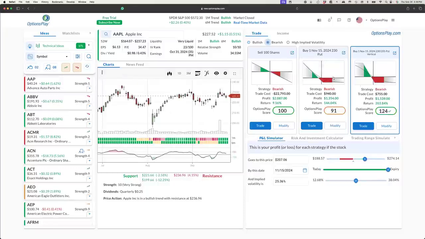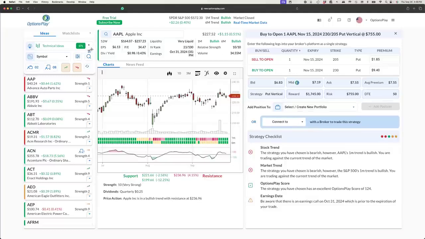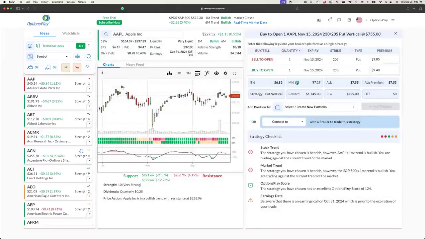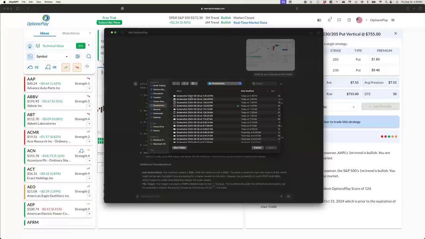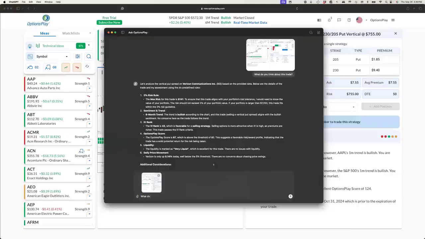Maybe you're saying, okay, let me look at the bearish trade. Maybe I want to buy this put spread. You can basically take a screenshot of this put spread and ask ChatGPT, what do you think about this trade? And it'll look at that trade based on your new trade idea. So I can say, what do you think about this trade?